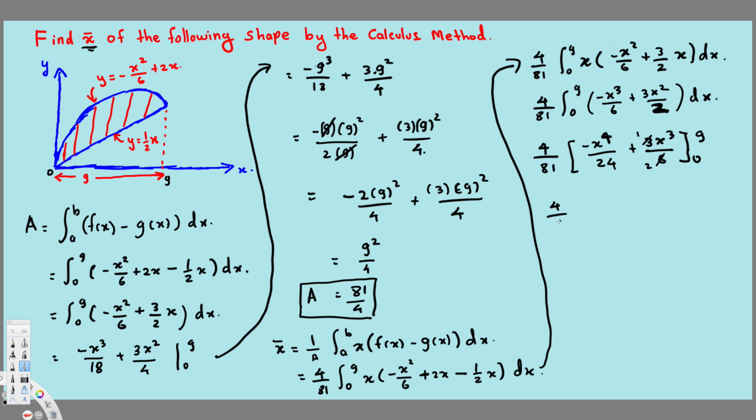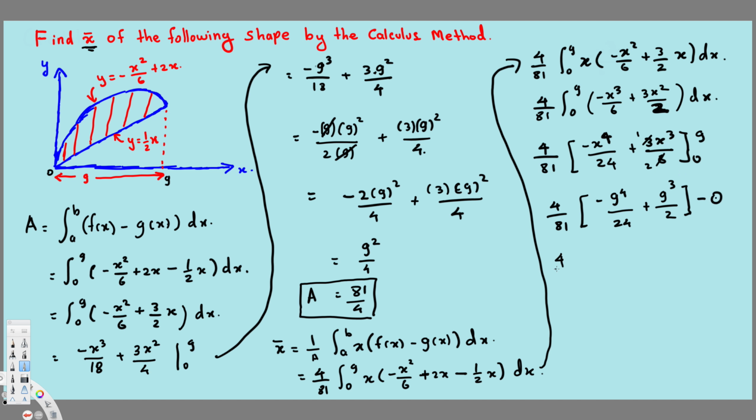So this is going to be 4 over 81. If I substitute 9, this is going to be 9 power 4 divided by 24 plus 9 cube divided by 2. And if I substitute 0, that's just going to be 0, because 0 times power 4 is 0. 0 divided by anything is 0, all of them are 0.